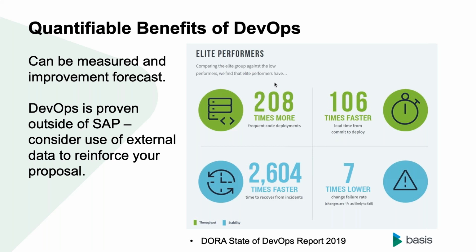There's a very good report produced annually around the state of DevOps that gives a lot of useful benchmarking information around what elite performers and various categories of companies, depending upon their maturity on the DevOps journey, what type of benefits they typically see in comparison to the other companies in the survey baseline.